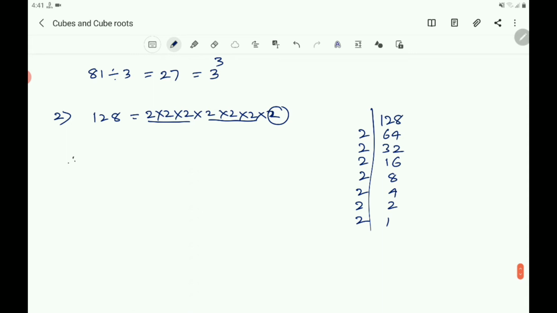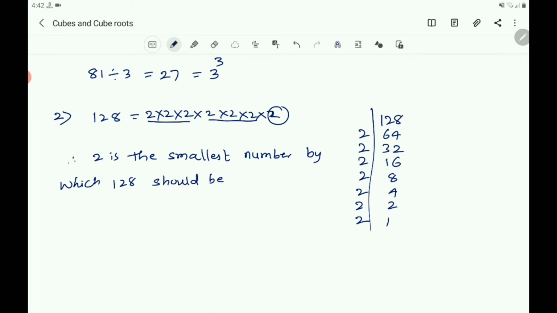Therefore you write, 2 is the smallest number by which 128 should be divided to make it a perfect cube.